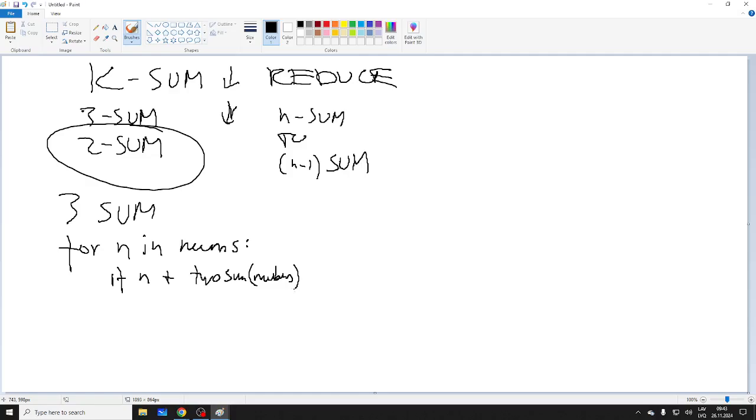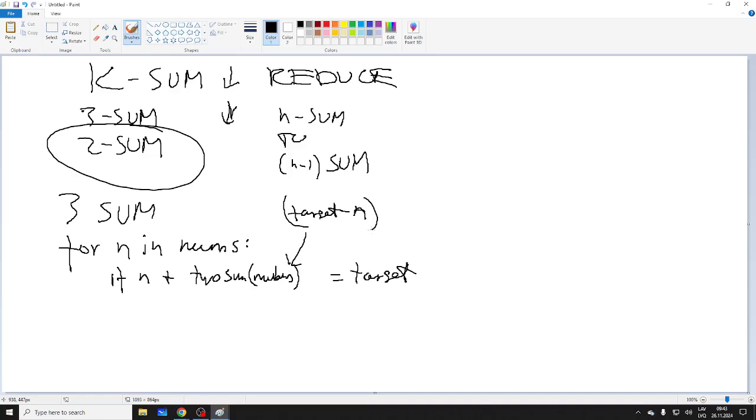You need to find that number, so that two sum's target is the target minus n. And that's it, basically.